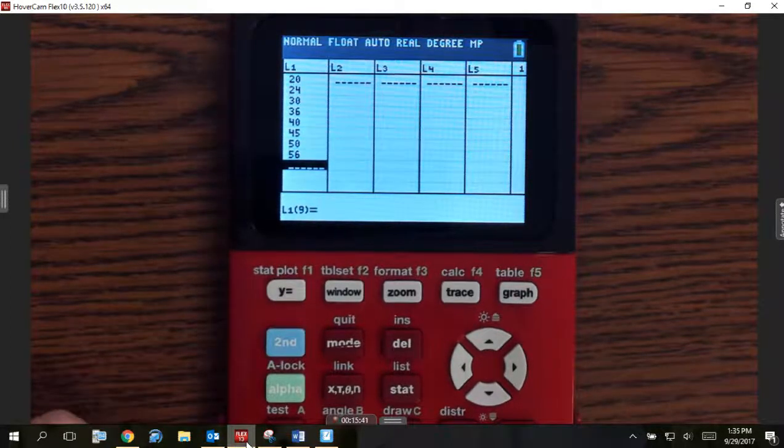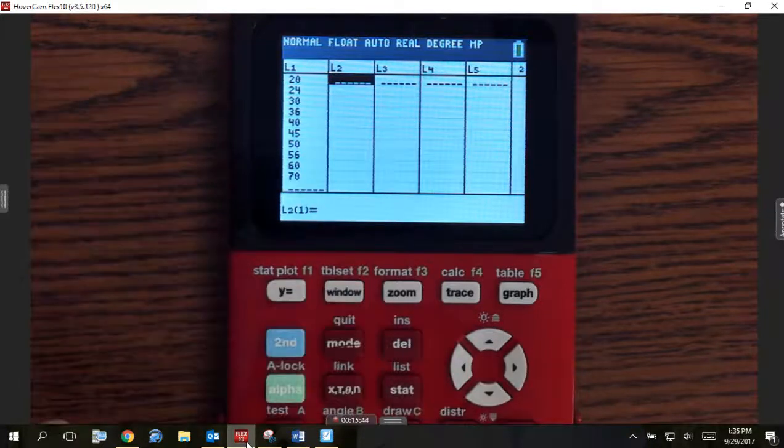Got some wonderful graphing calculator stuff to show you today. Good things to know.